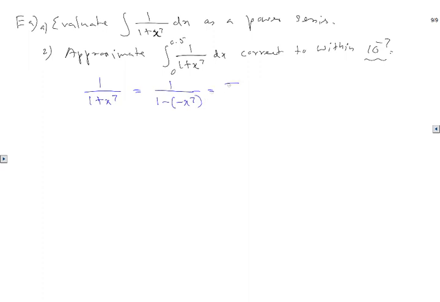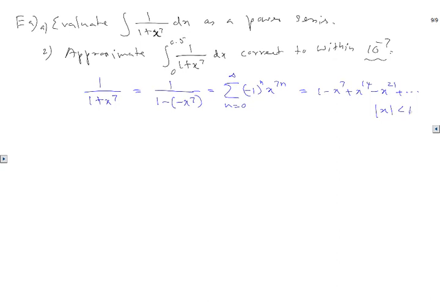If you do that, this is sigma n going from 0 to infinity, negative 1 to the n, x to the 7n. If you write a few terms, it is 1 minus x to the 7 plus x to the 14 minus x to the 21, like that. And this is going to converge only for absolute value of x less than 1, because it's a geometric series.